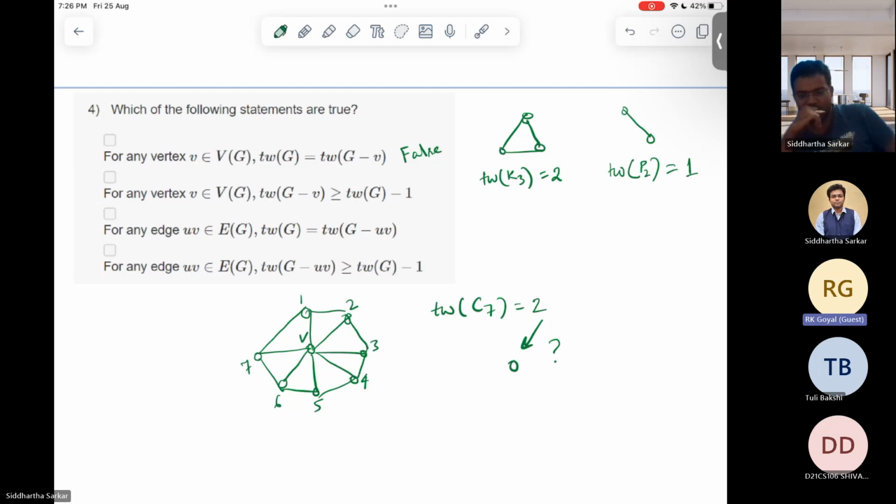Earlier it was 2, and this time also it is equal to 2. So the statement is not invalidated, not contradicted as such. Yes, it would be greater than or equal to this thing. This example does not contradict the statement. This is not a counterexample as such.